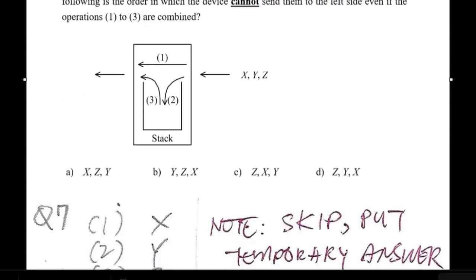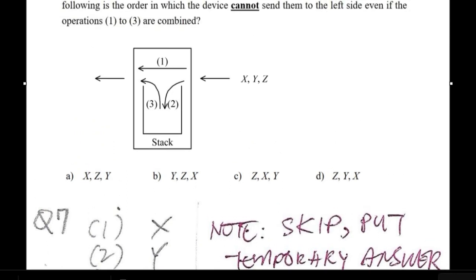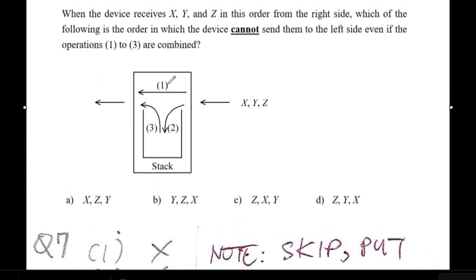I put here my note that you have operations 1, 2, 3 here, and this one is saying that the device receives X, Y, and Z in this order from the right.